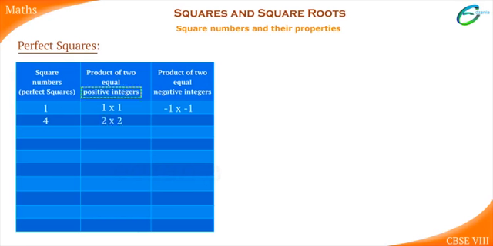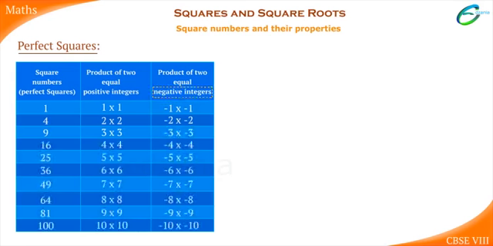And 4 can also be written as the product of 2 equal negative integers, that is minus 2 into minus 2. Similarly, 9 can be written as the product of 2 equal positive integers, that is 3 into 3, and 9 can also be written as the product of 2 equal negative integers, that is minus 3 into minus 3.